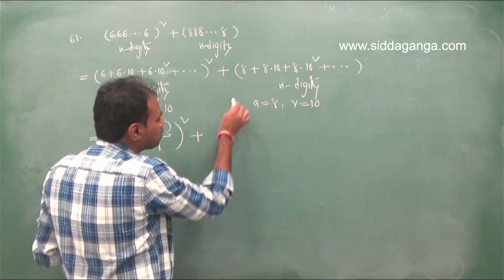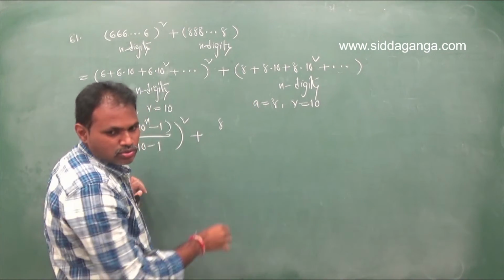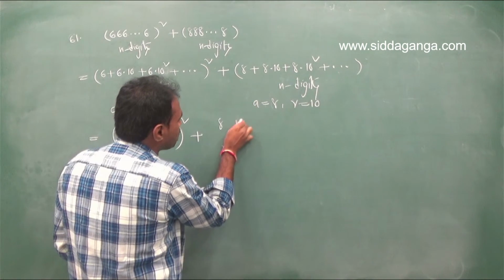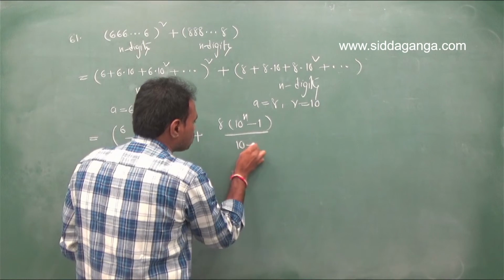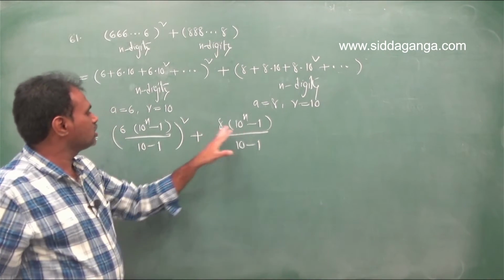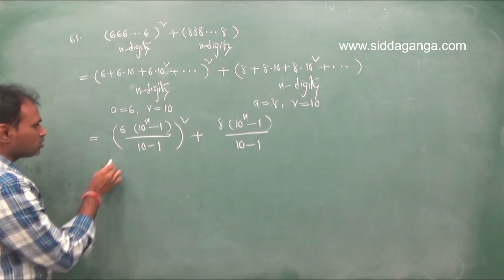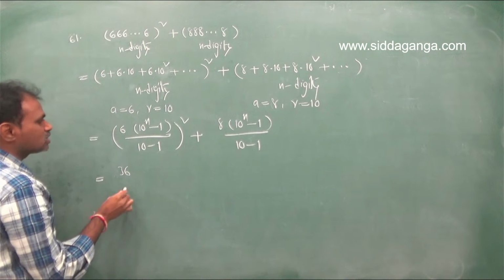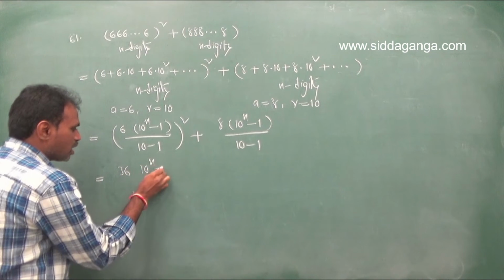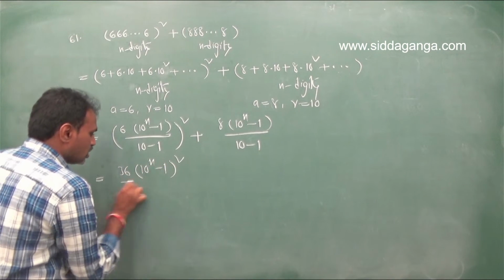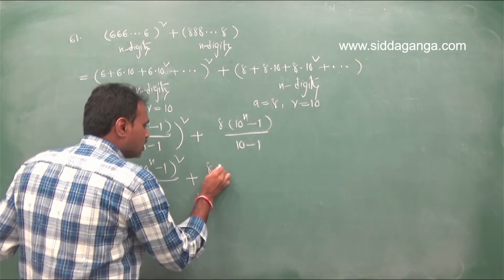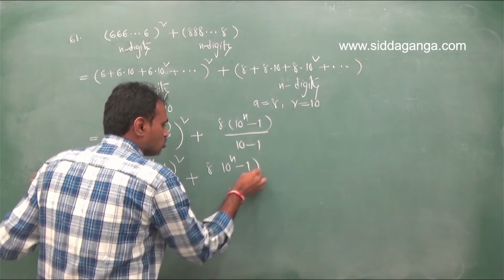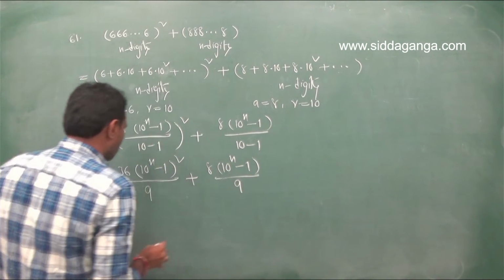Plus here first term is 8 into 10 power n minus 1 divided by 10 minus 1. Here whole square not there. Therefore 6 square, that is 36 into 10 power n minus 1 whole square divided by 10 minus 1 means 9, plus 8 into 10 power n minus 1 by 10 minus 1 is 9.